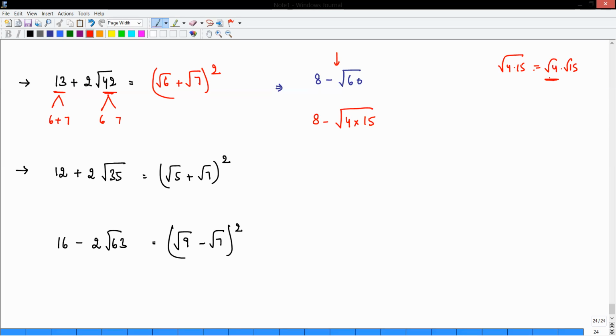This is 2. 5 and 3, 5 plus 3. So root 5 minus root 3 whole square. This is how we write it.